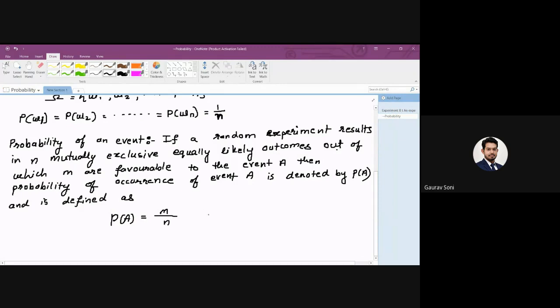What is the relation between m and n? M is less than or equal to n. Why? The fraction cannot be greater than 1, this max value.